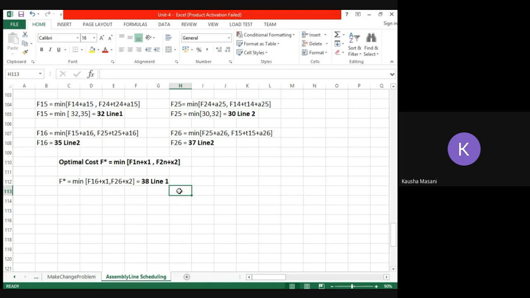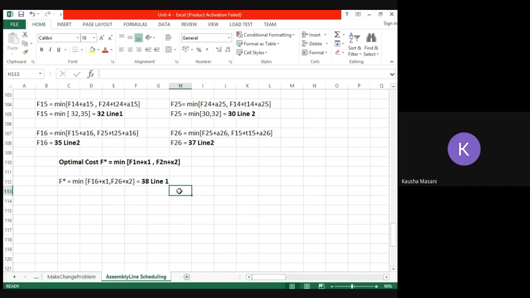Online students, have you computed this much of all the values? I think so. Yes, ma'am. Okay, now how to do the path? How to decide the path seeing all these values?